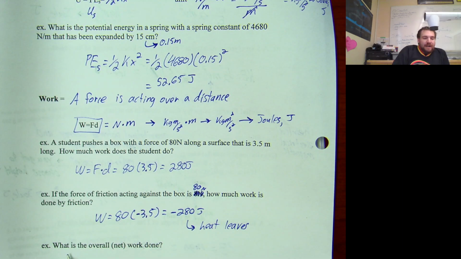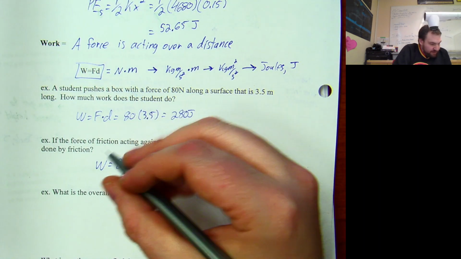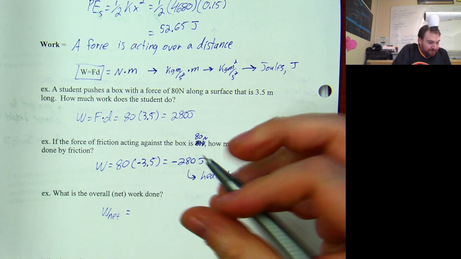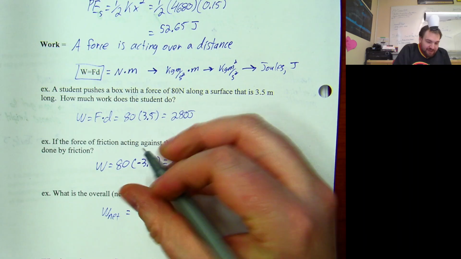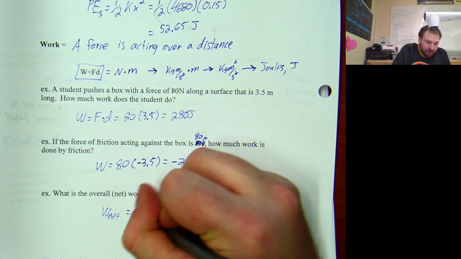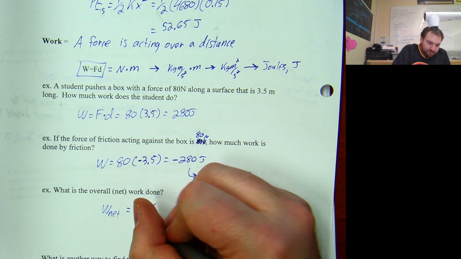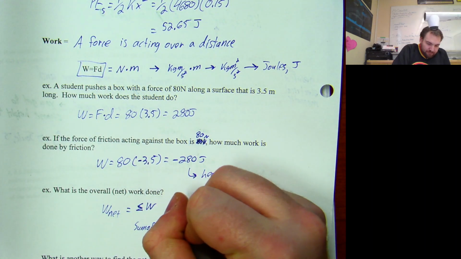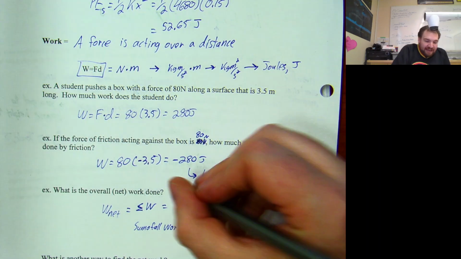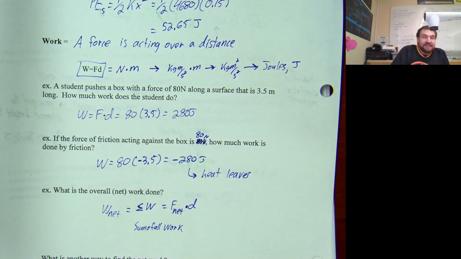So what then is the overall work done on the box? Well, net work is going to be equal to, we're going to think of it two ways. Either it's, like we had before, the sum of all the work, or you can think of it as F net times the distance this thing acts.